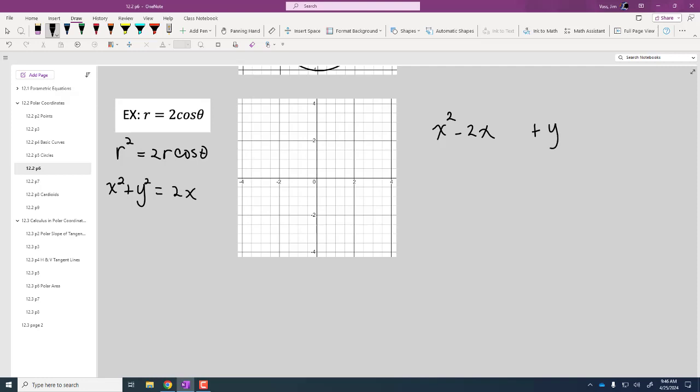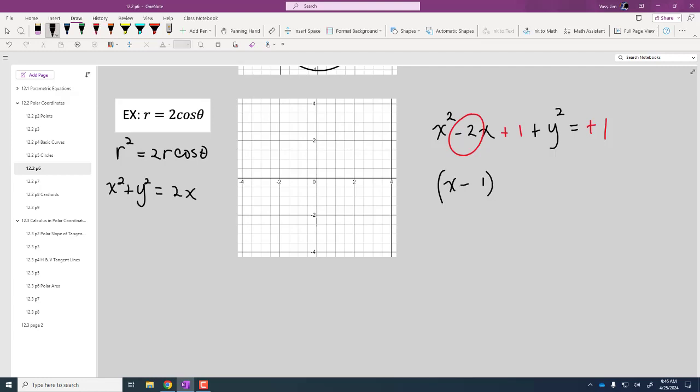We leave a little gap so that we can complete the square. And what number are we going to add to both sides? A 1. We divide the coefficient of x by 2. We get a -1, and then we square -1 and get +1. So that's our strategy.